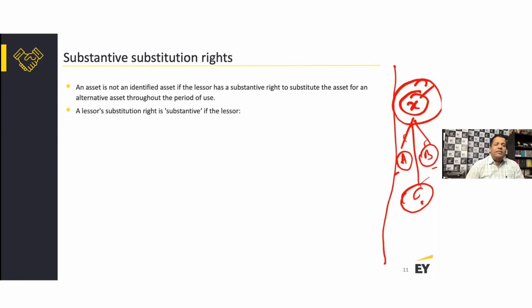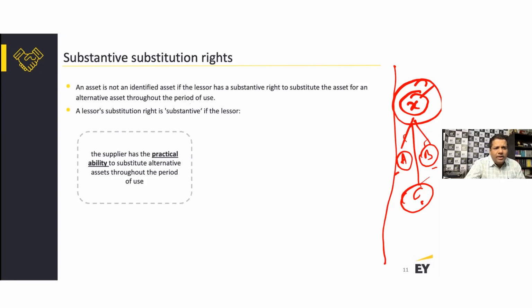But here, let's say assuming an arrangement where there is a possibility, is this an identified asset or not? A lessor's substitution right is substantive if the lessor has the practical ability to substitute an alternative asset throughout the period.